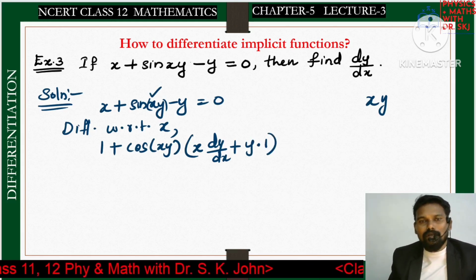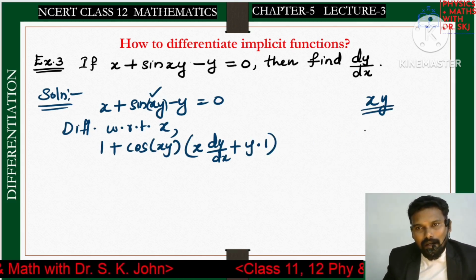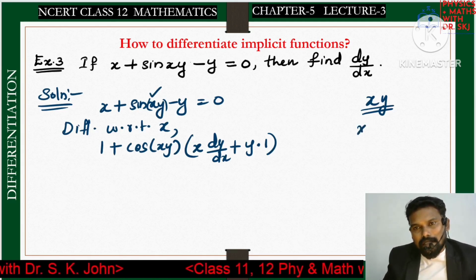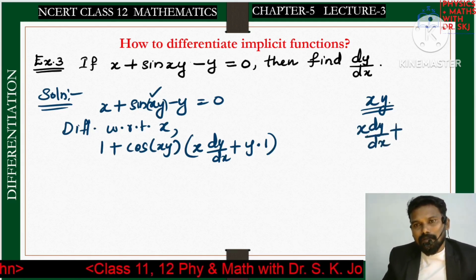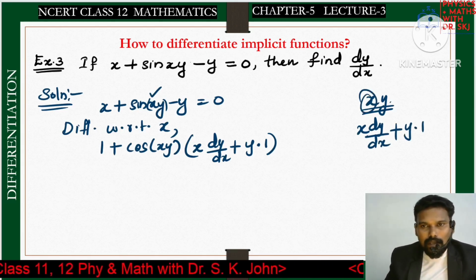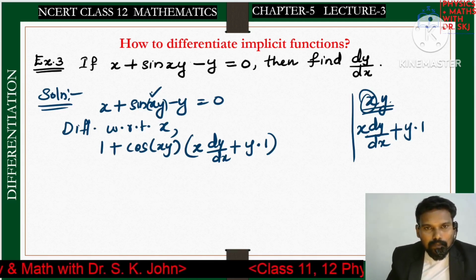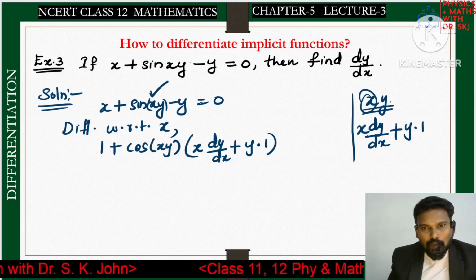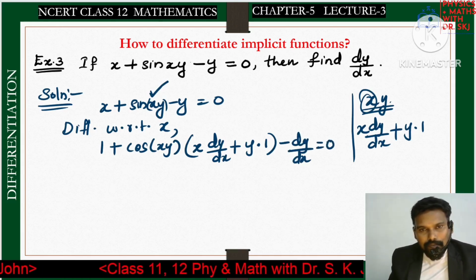I just repeat: x times dy by dx plus y times 1. So this is the derivative of xy. Now this part is over. Then minus y minus dy by dx equal to 0.